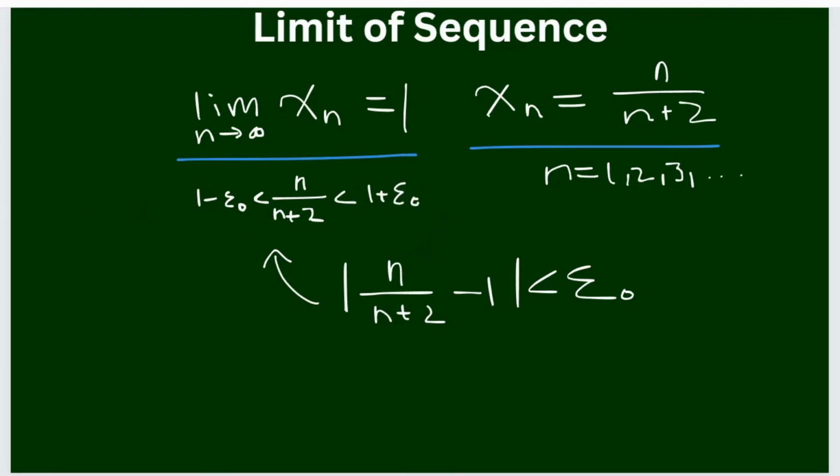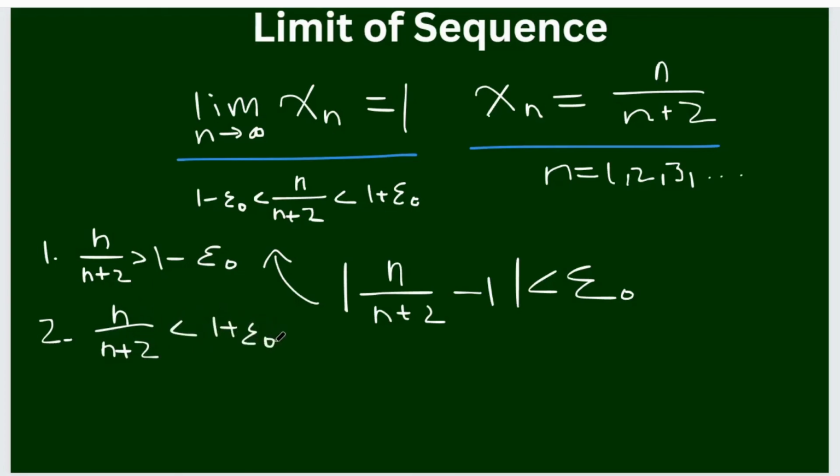We're solving two parts here: n over n plus 2 is greater than 1 minus epsilon 0, and n over n plus 2 is smaller than 1 plus epsilon 0. Okay, so let's solve these two parts.